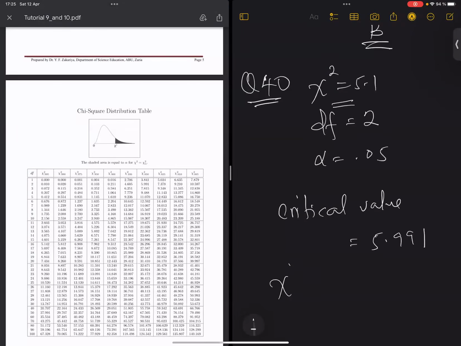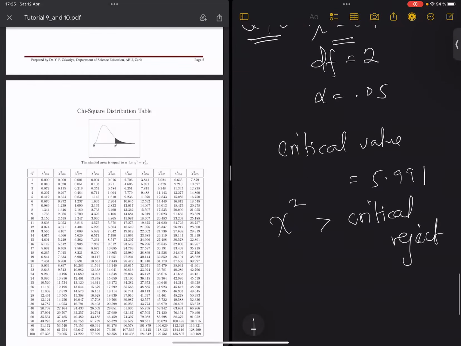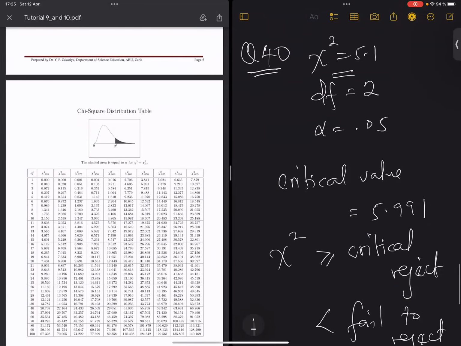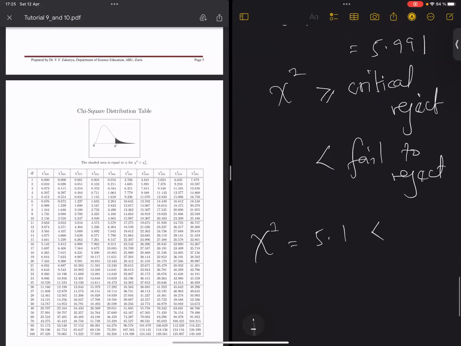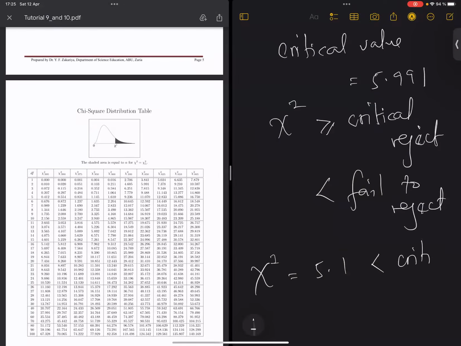So for you to make a decision, your chi-square value must be greater than or equal to the critical value before you can reject. If it is less than, you fail to reject. In our example, the chi-square value of 5.1 is less than the critical value, because the critical value is 5.991.